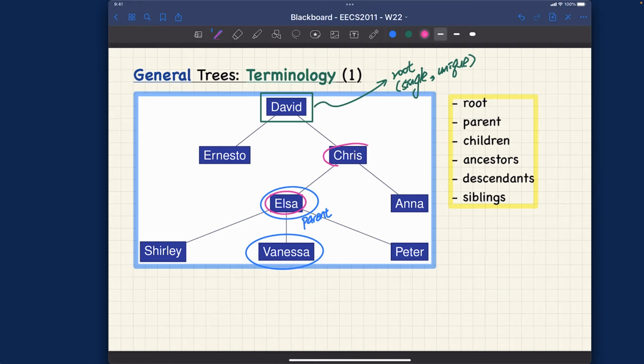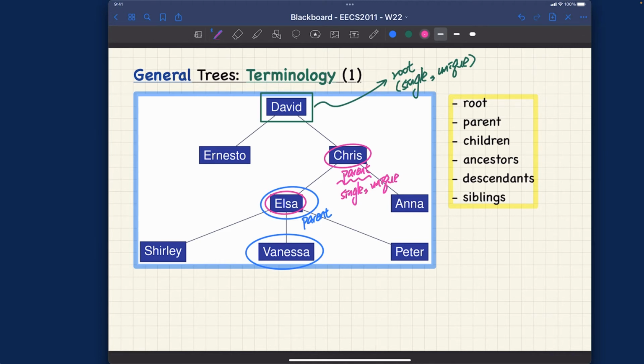Chris will be Elsa's parent. So it seems the parent is also unique. There's only one parent. Of course, in real life we have two parents, but in the case of the tree, we have only one parent. Again, the parent is single and unique. So every node has exactly one parent in the tree.